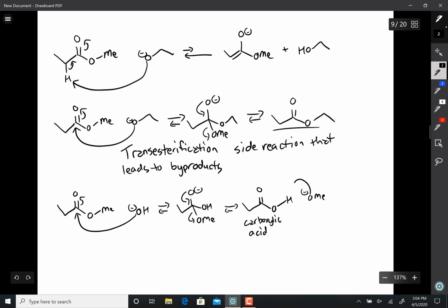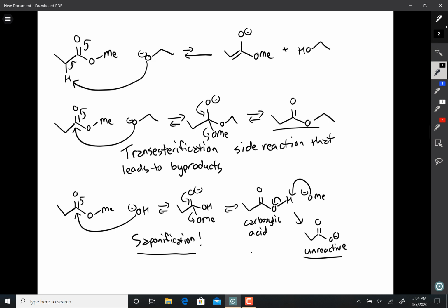And carboxylic acids in base deprotonate. And you get the carboxylate, which is unreactive. This is saponification. So transesterification and saponification can compete with the Claisen condensation. So you have to be careful.